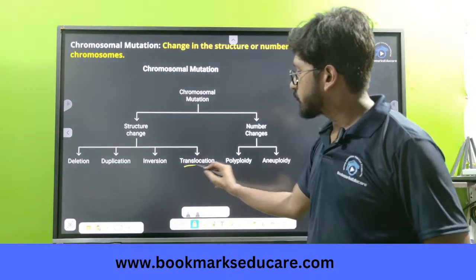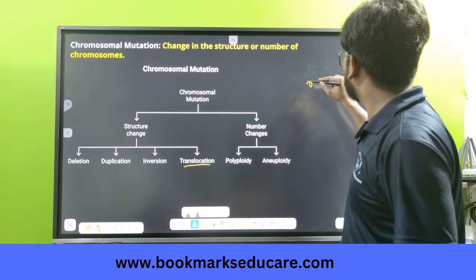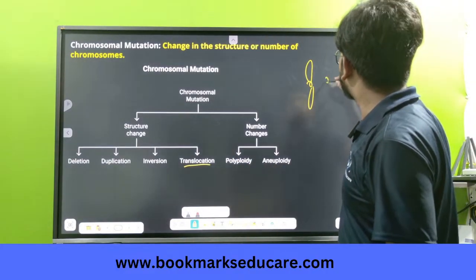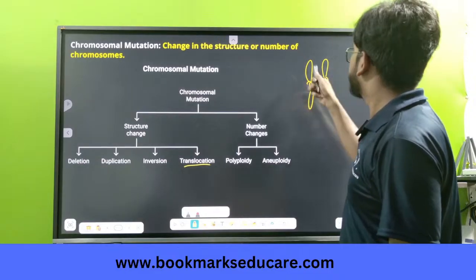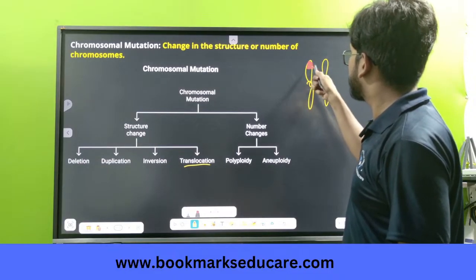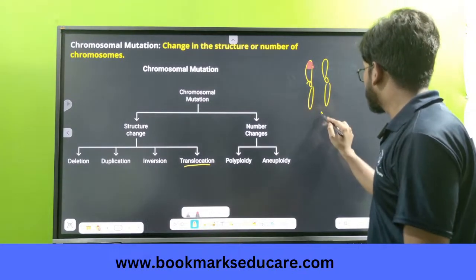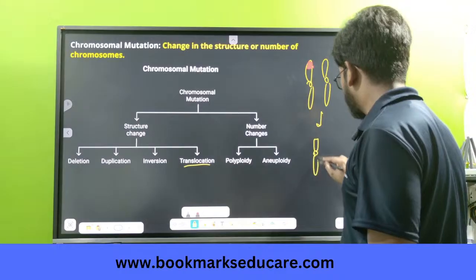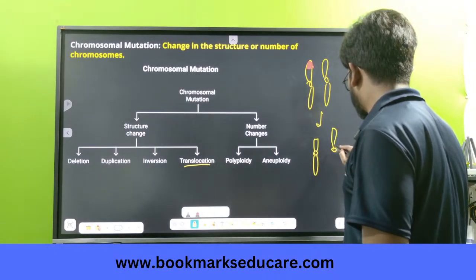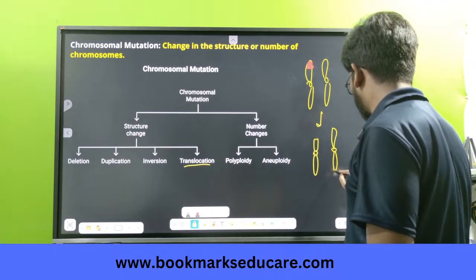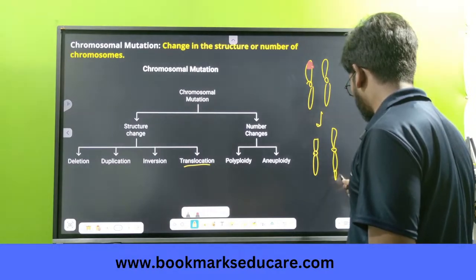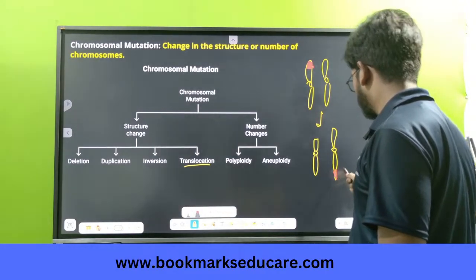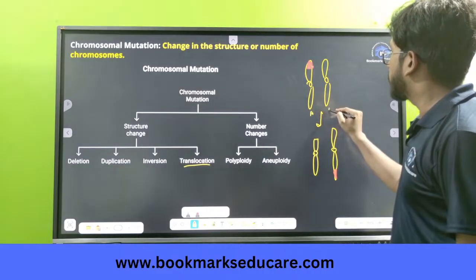Translocation में क्या होता है? Translocate होता है, as we can see. There are two chromosomes. Okay, one has this gene part. What occurs in case of translocation, ये chromosome A है, ये chromosome B है.